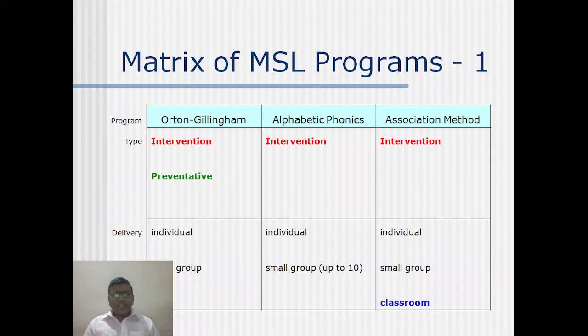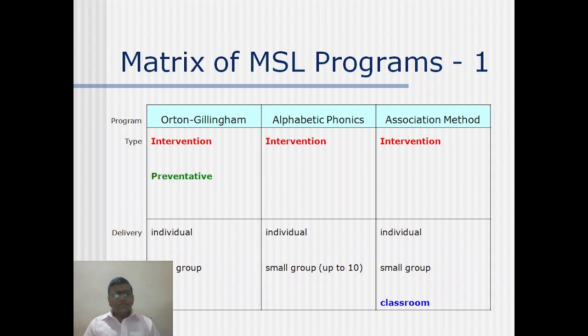So what are the metrics of multisensory learning programs? Let us see. The programs are Orton Gillingham, alphabetic phonics, association method. The type is intervention. In all aspects it is intervention. Preventive, so it is Orton Gillingham.